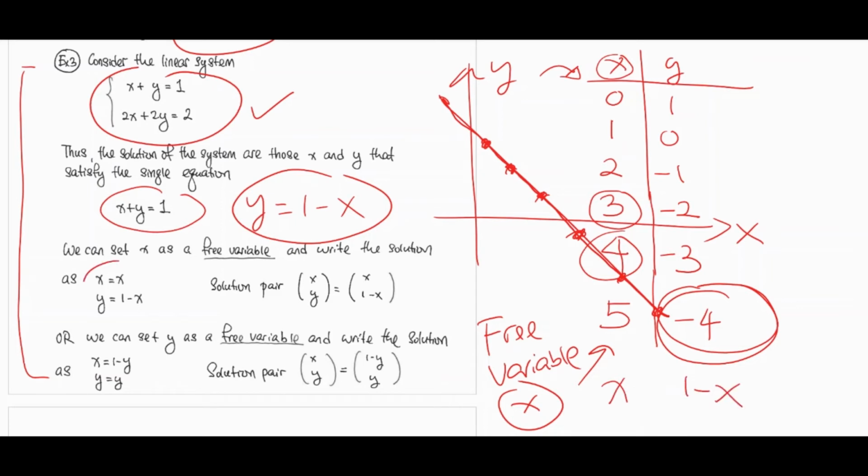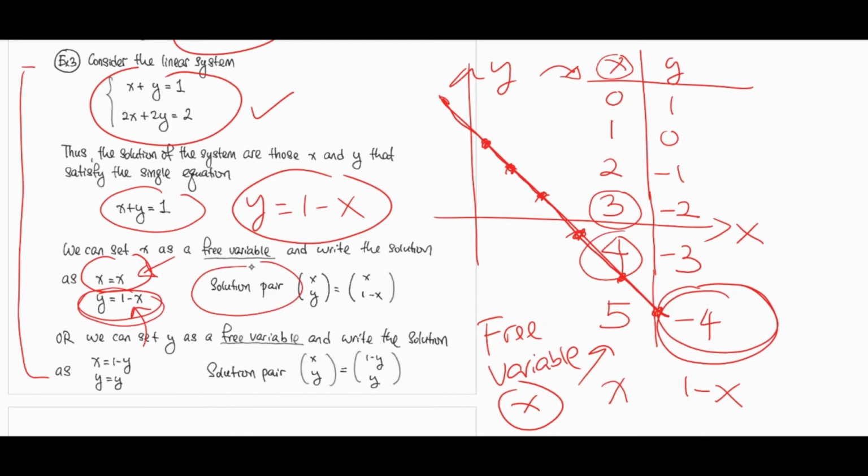So this notation is saying that I can freely assign my x to be any number, but my y cannot be any number. It has to be related to that free variable in this particular way. Your y will have to be 1 minus x.